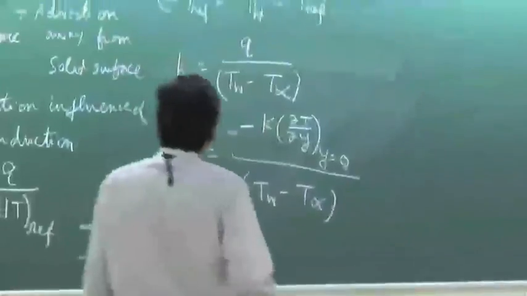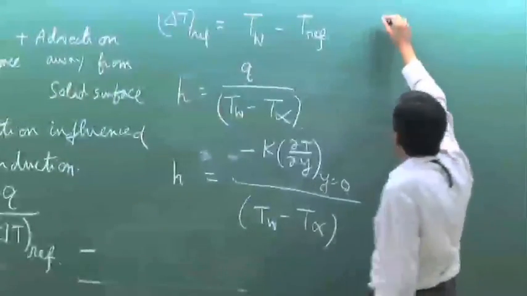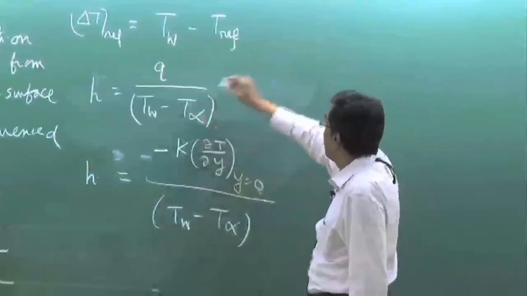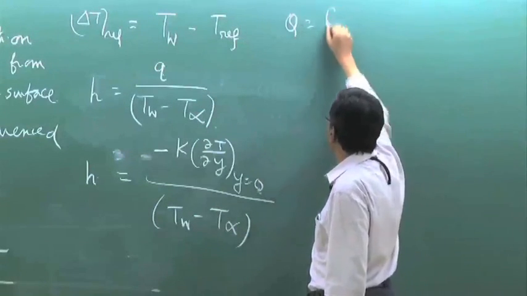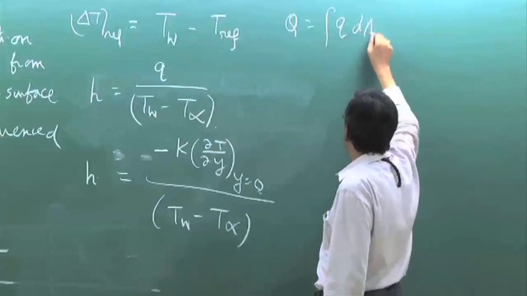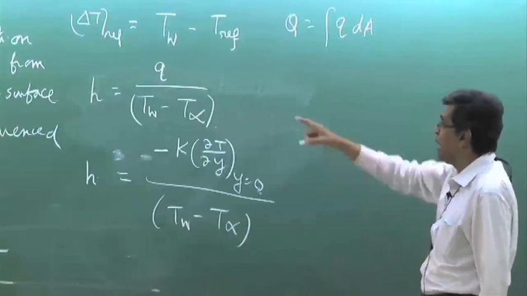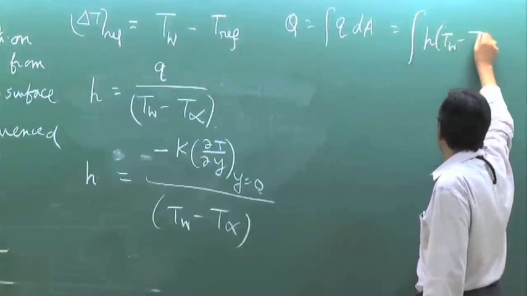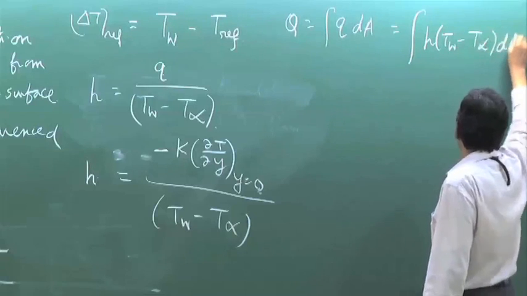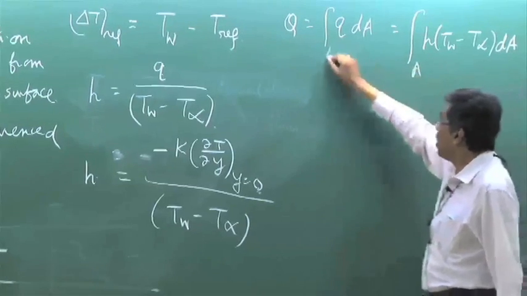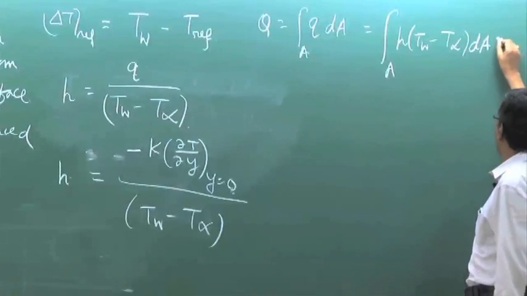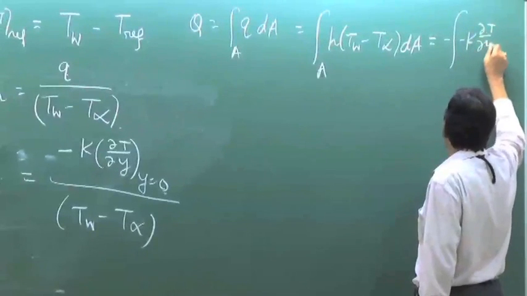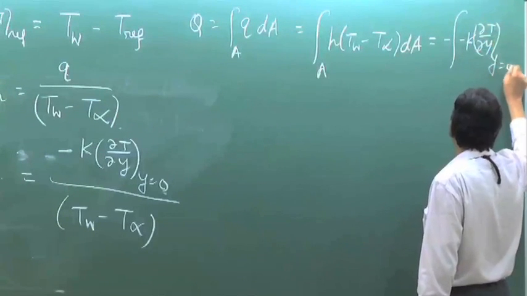Okay. Now we define an average heat transfer coefficient. Now if we have to find out q, total heat transfer, what you have to do? You have to integrate q with dA. That means in terms of h, you have to integrate h into TW minus T infinity into dA over the area A, or any finite area, or it can be written in this way also, minus k del T del y at y equal to 0 dA.